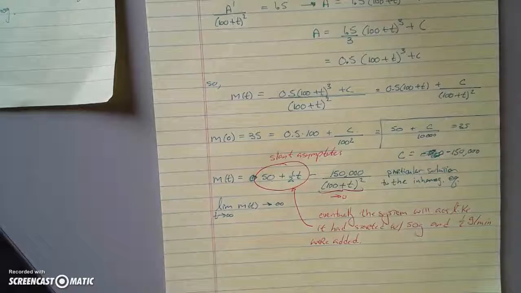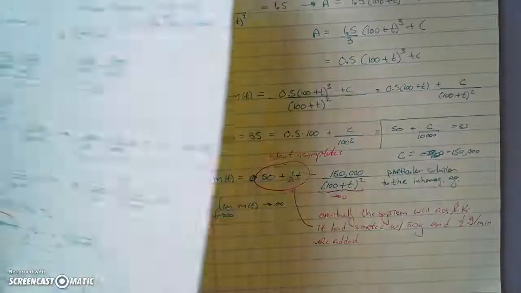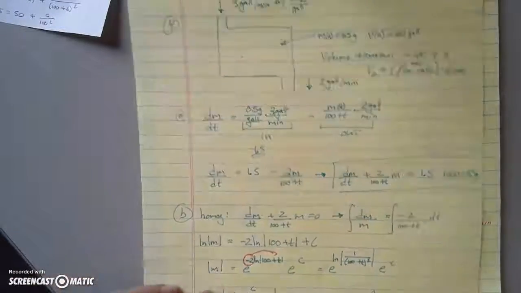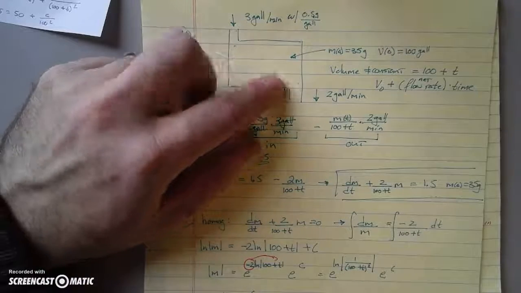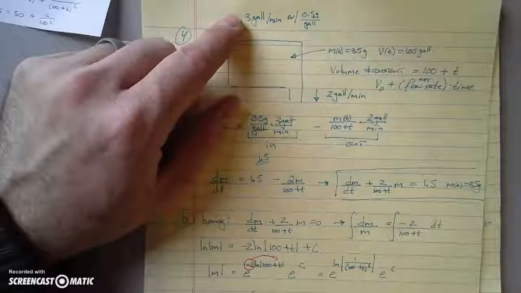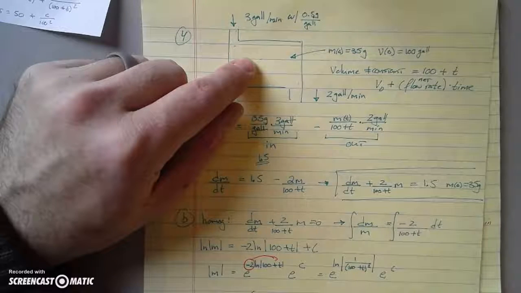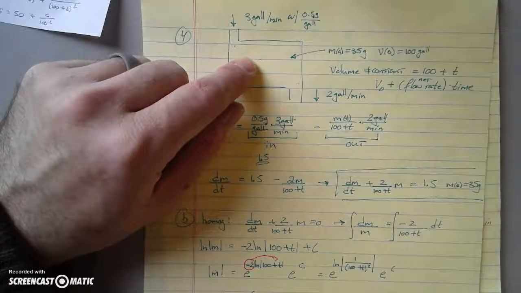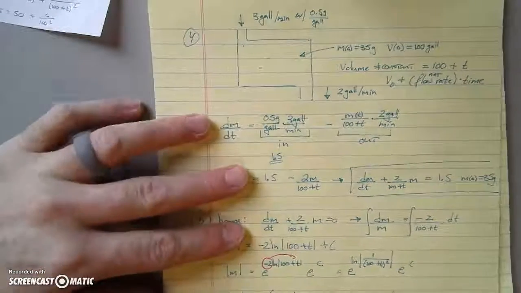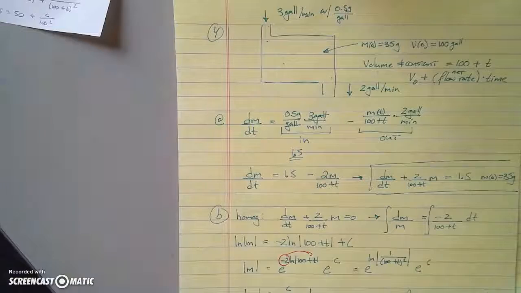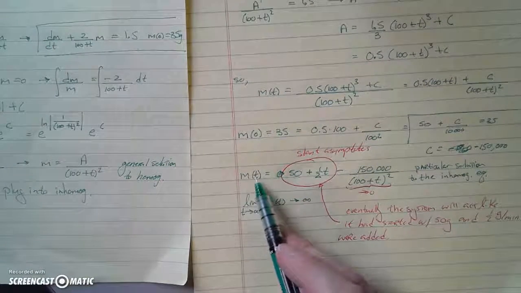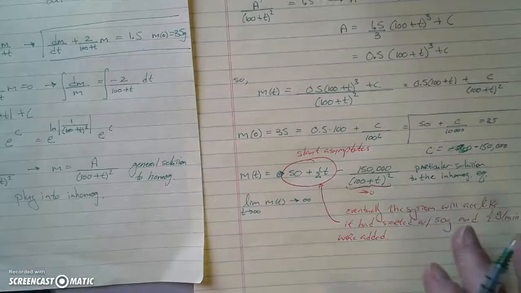Maybe there's a clue there for understanding this. Suppose we had started at 50 grams here. At 50 grams, we would be losing 1 gram per minute, but gaining 1.5 grams per minute. We would also be gaining 1 gallon per minute. So that's a little tricky there. But then again, we're not looking at concentration, we're looking at total mass here. So that's probably the way to think about it.